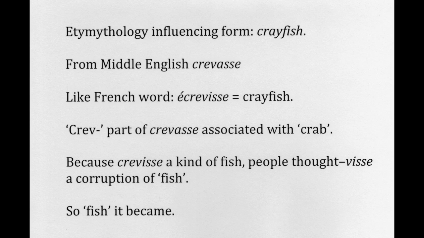This is from the Middle English crevasse, similar to the modern French word for a crayfish, écrevisse. The crève part of the Middle English word is associated with our crab. But more interesting is the vis ending. Because écrevisse was a kind of fish, people thought that this vis part was a corruption of the word fish. So fish it became.